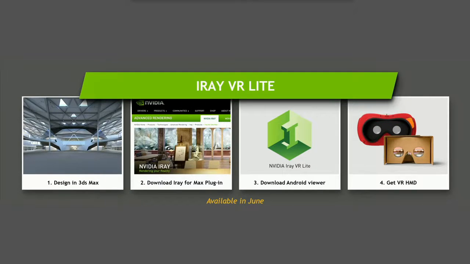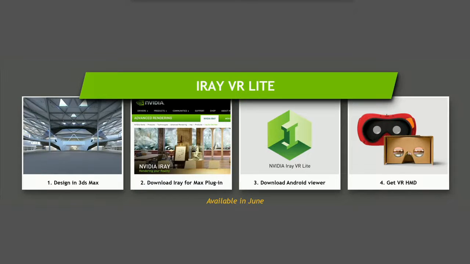Basically, the way it works is this. It's not able to render the full 3D as beautifully as Iray VR. However, with just a press of a button, so long as you design in 3ds Max or Maya or whatever design tool that has Iray integrated, it creates a photosphere. And that photosphere is completely ray traced.